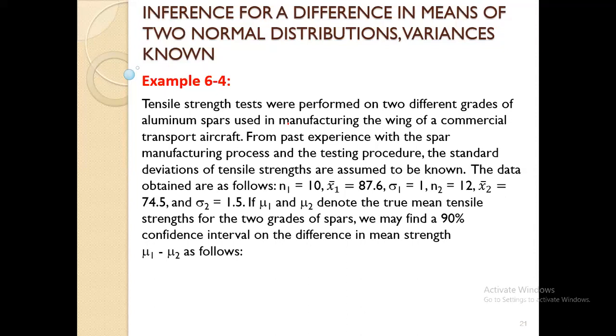We use the aluminum for the wing of the aircraft. From past experience with the spar manufacturing process and the test process, the standard deviation of tensile strength is assumed to be known.